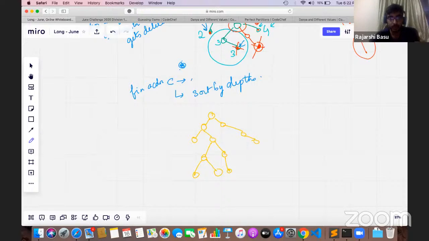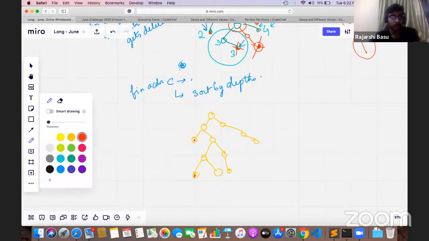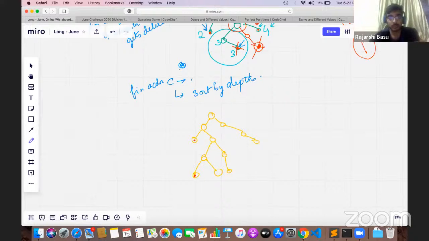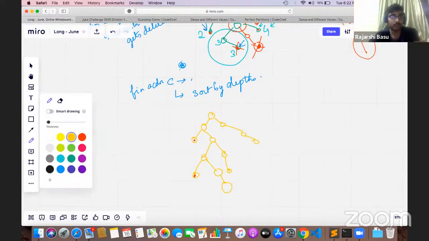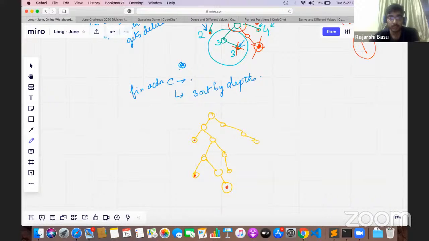This is your red node, this is another red node, another red node, another red node, and this is a red node. Now sort by their depths and process them one by one.